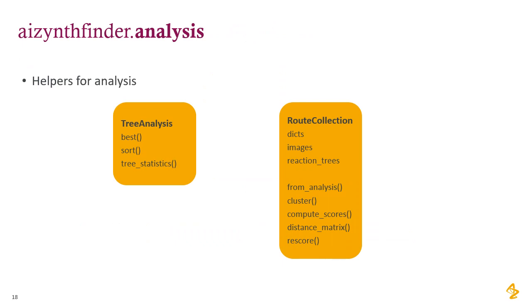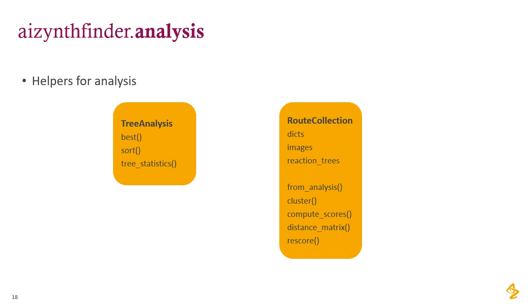Okay, then we have come to the last part of the code overview, which is the AiZynthFinder analysis package, which mainly contains two classes for helping out with post-processing. So we have the tree analysis class, which knows how to extract routes from a search tree and sort them.